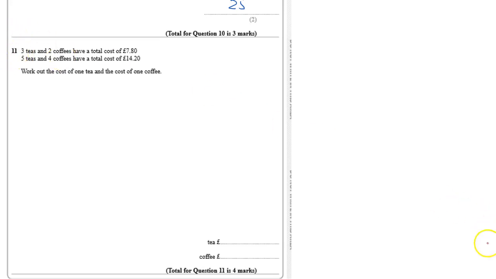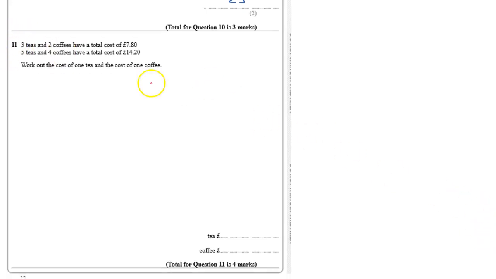Question number 11 is: 3 tea and 2 coffee have a total cost of 7.80, and 5 tea plus 4 coffee cost 14.20.